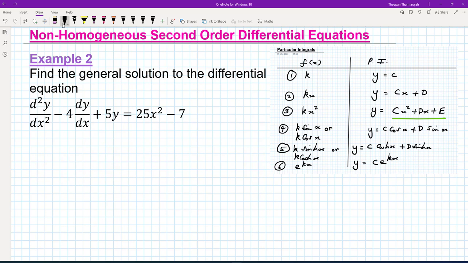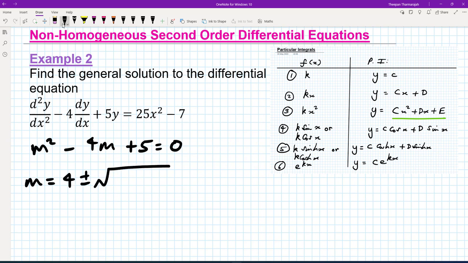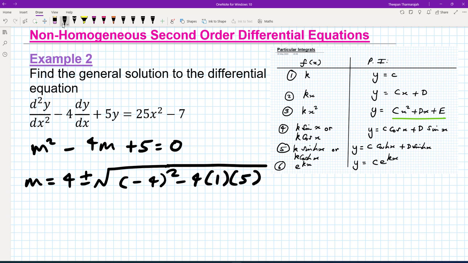So we're going to first work out our auxiliary equation. So we're going to say that m squared minus 4m plus 5 equals 0. So we can say that m is going to be 4 plus or minus square root of minus 4 squared minus 4 times 1 times 5, all over 2 times 1.